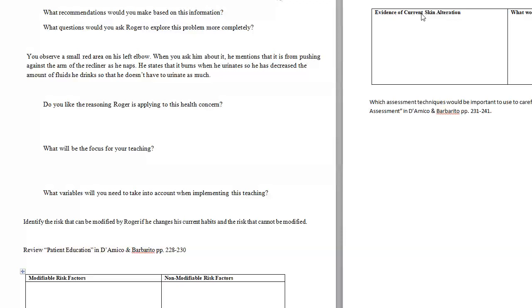So what will the focus for your teaching be? I'm not sure a patient like this can be taught. I think we need to address his medical issues first, and that is about his nutritional status, what types of assessments we found on him already as far as his decreased perfusion, decreased capillary refill, decreased amounts of urine, in which the urine is very concentrated.